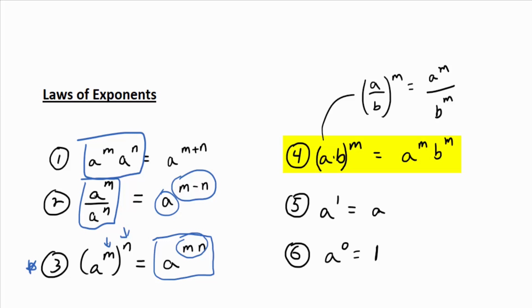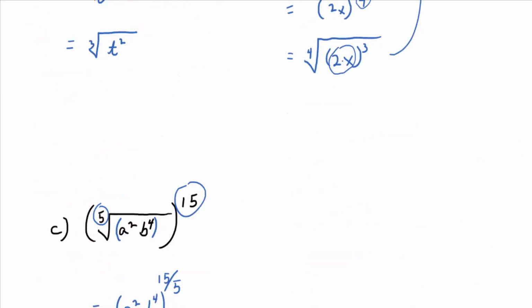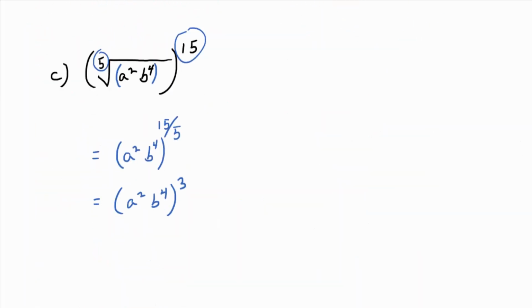That A times B is in parentheses, isn't it? So what does the rule say? The exponent of m applies to every factor in the product, in parentheses. Okay, so how does that apply to this one? So we have a squared b to the 4th in parentheses, that whole thing brought to the 3rd power. So how could you rewrite this?